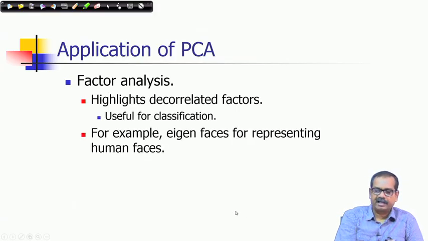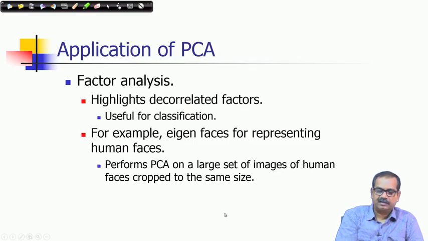For example, consider eigenfaces for representing human faces. We consider a large set of images of human faces cropped to the same size and following certain rules. It is not just simple cropping; you try to maintain the different parts of the human face at similar distances from the top.